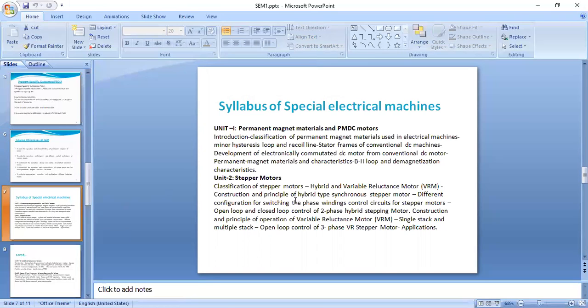You are also going to learn the open loop and closed loop control of the two-phase hybrid stepping motor, and at the same time the three-phase variable reluctance stepper motor, open loop and closed loop. So these are the things you are going to learn in unit 2.